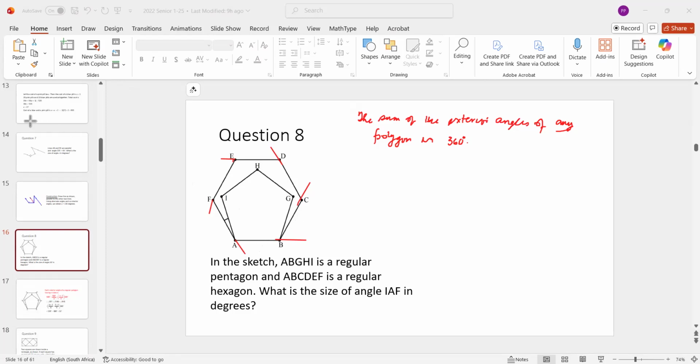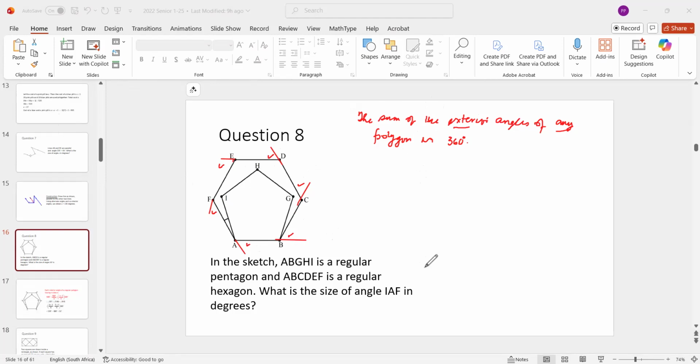And these new angles which are formed are called the exterior angles. So you can see in this 5-sided figure, I've got 5 exterior angles. They are these new ones which have been created. And the sum is 360 degrees.